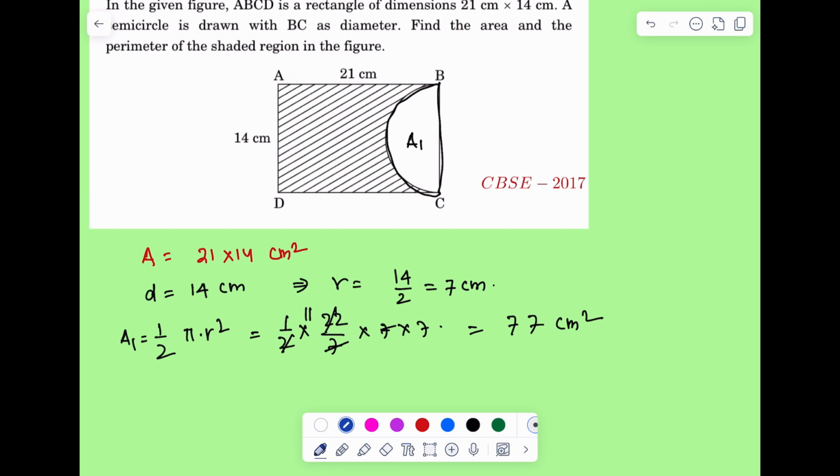Now the shaded area will be equal to 21 into 14 minus 77, that is equal to 294 minus 77, which will be equal to 217 centimeter square.